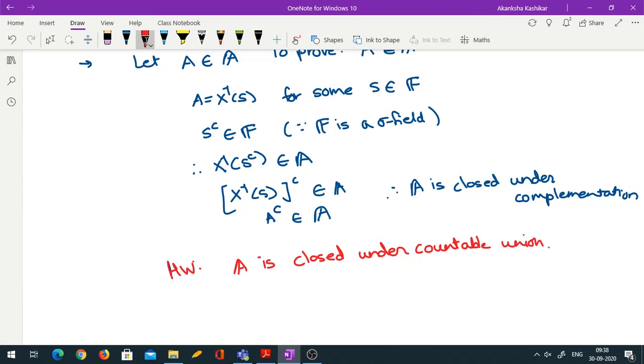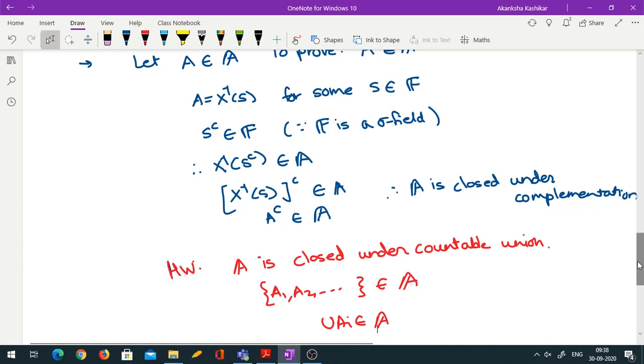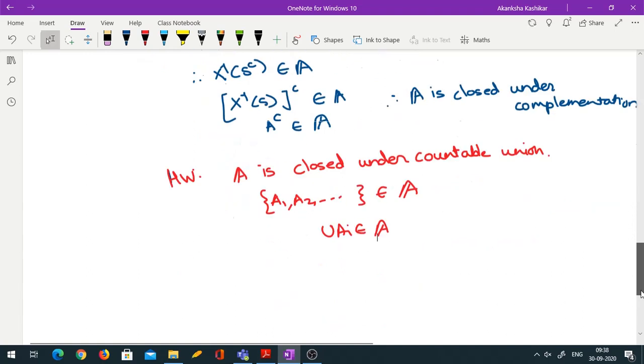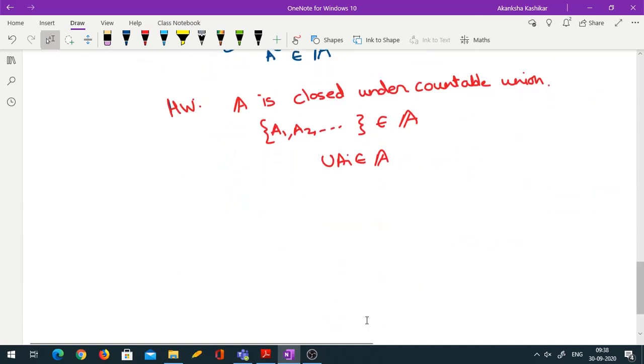You have to take sets A1, A2, etc. belonging to script A, and then you have to prove that their union is also in script A. And what you know is script F is a sigma field. Okay, the proof is quite easy. Try to do this. If you don't get it, then we can discuss. So we'll stop here. Thank you.